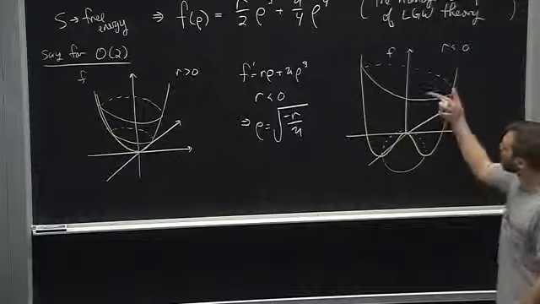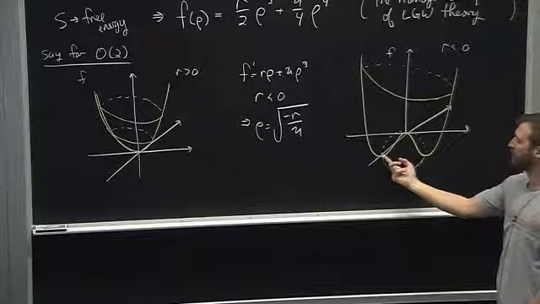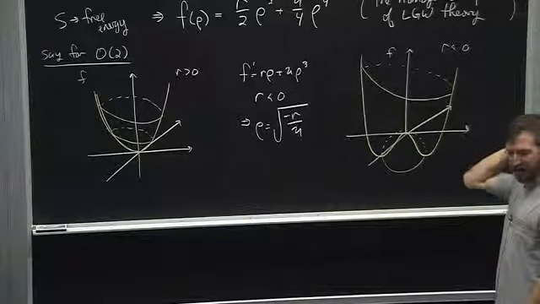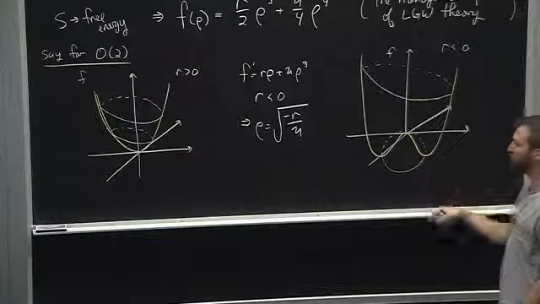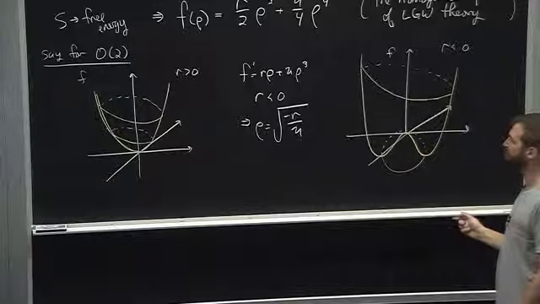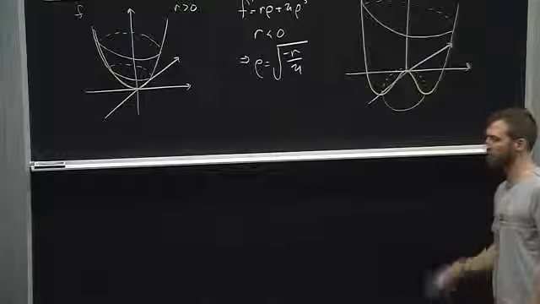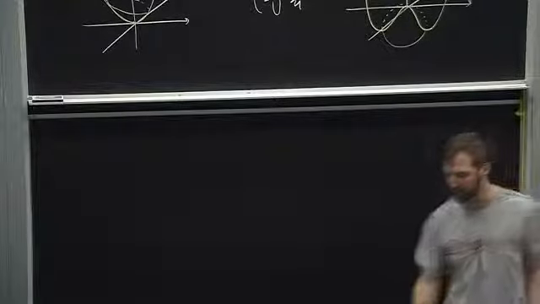Okay, so the point is that below the phase transition, even though the magnitude of rho is fixed, the angle around that circle, this potential minimum, doesn't result in any raising in energy.